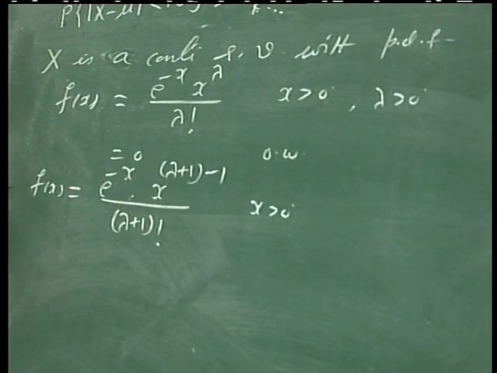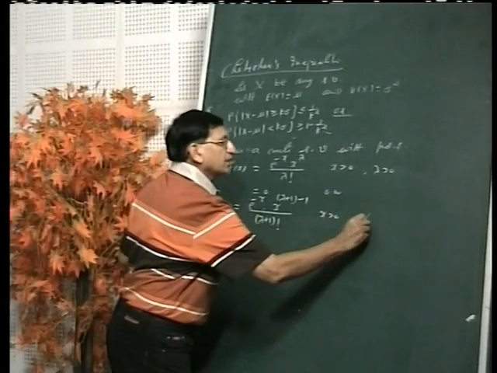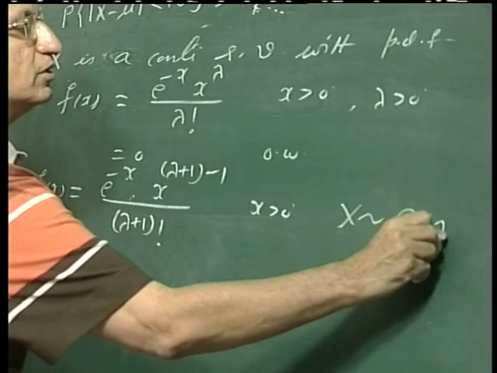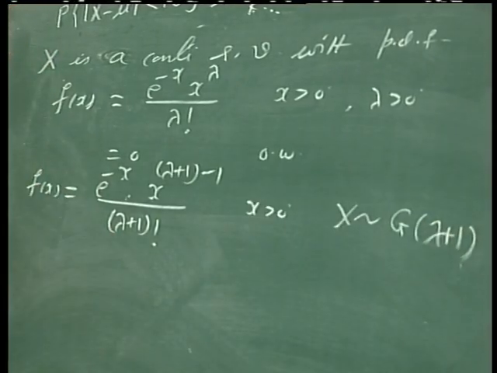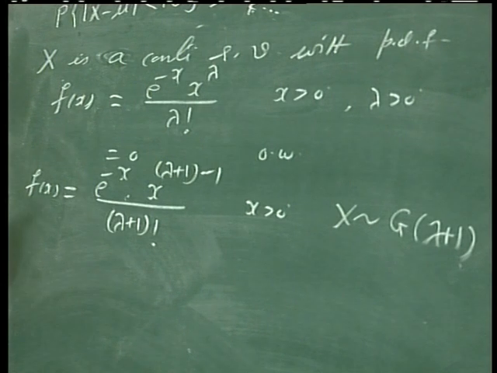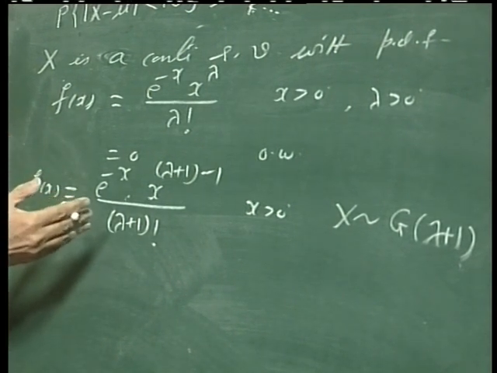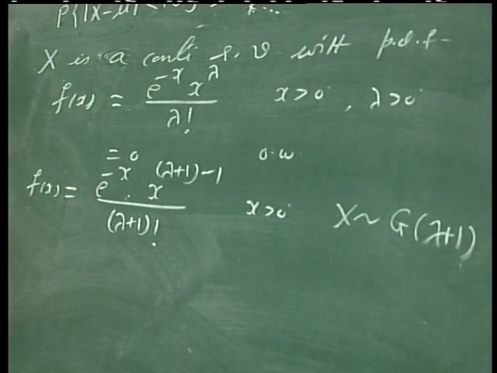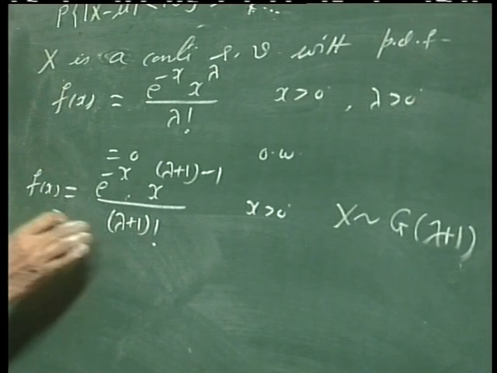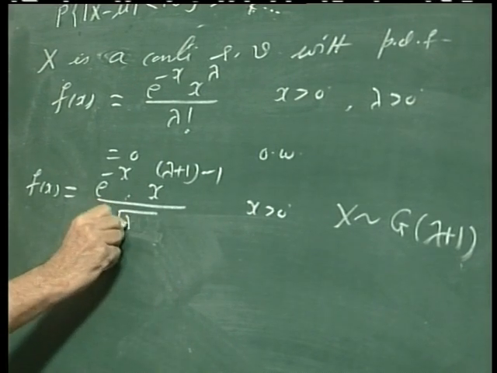So this way we can say that the distribution of x is gamma with parameter lambda plus 1. It is a continuous variable. Its PDF is gamma with parameter lambda plus 1, with gamma of lambda plus 1 in the denominator.